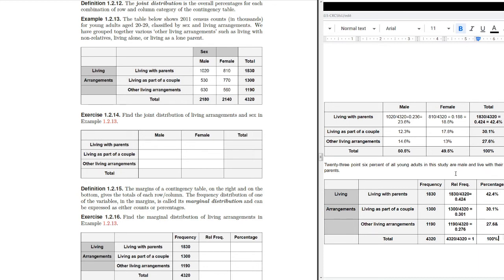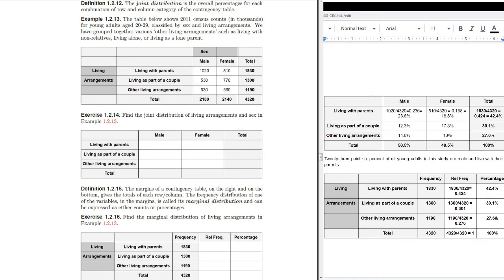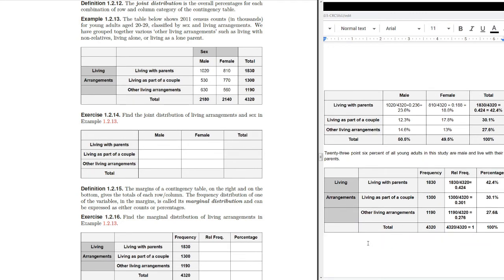So this is the marginal distribution of living arrangements. We can interpret these percentages, for example, by saying that 42.4% of all young adults in this study live with their parents.